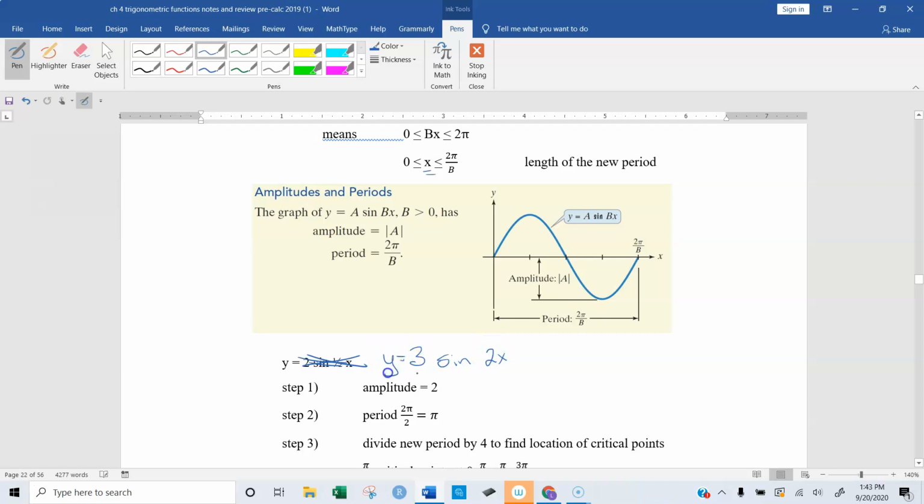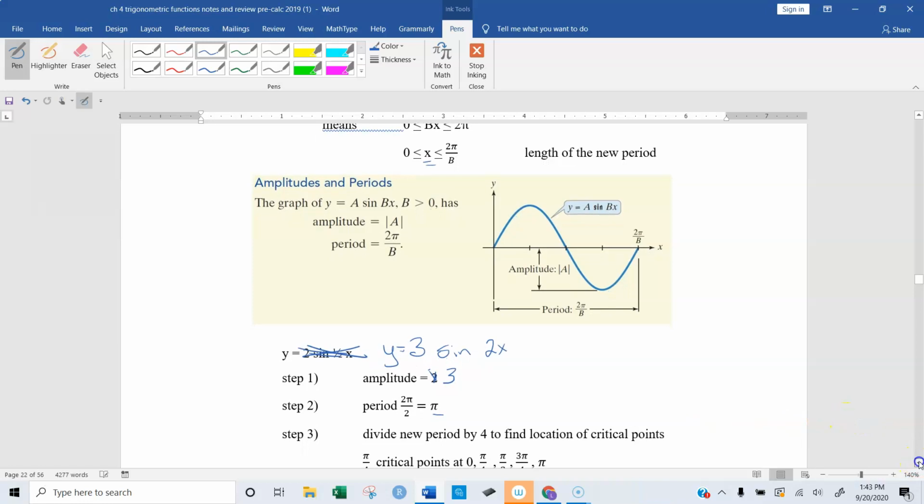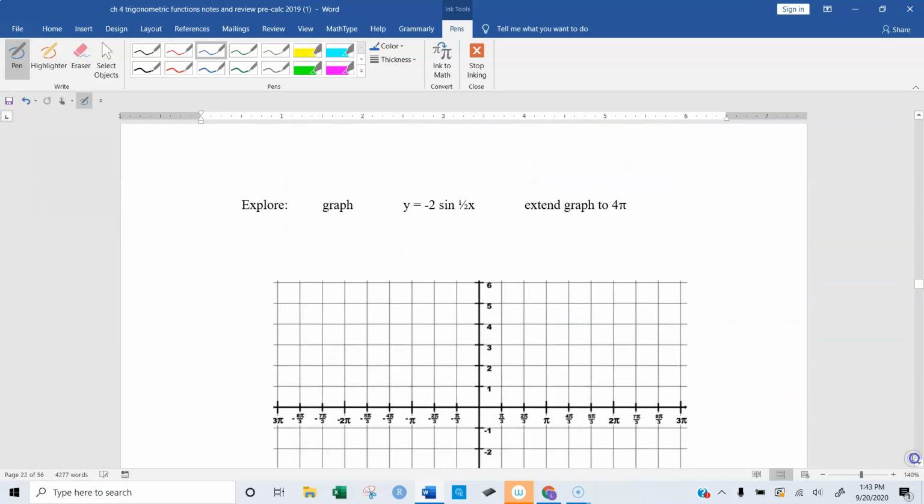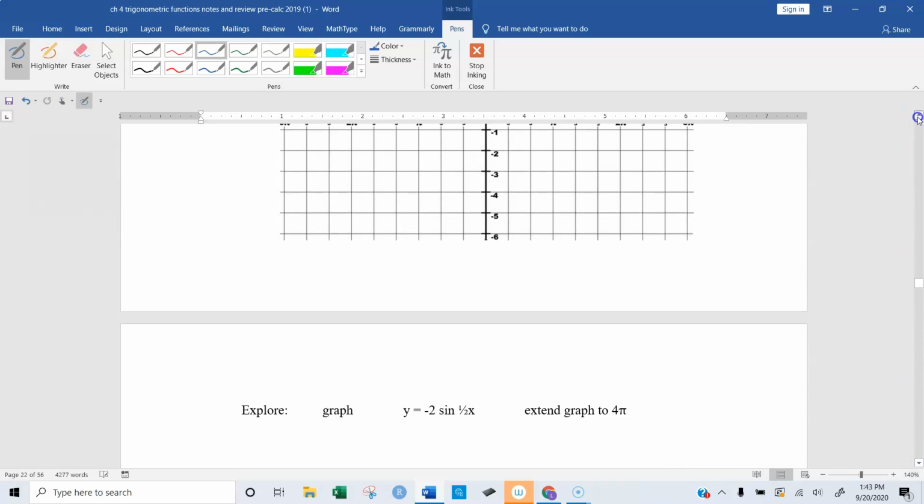All right, so now your amplitude is not 2, it's 3. Now your period, you take 2 pi and you divide it by 2, so it's pi. That means in pi I get a full wave. Understood? So in 2 pi, I'm going to have 2 waves. I have taken my sine wave and pushed it together or shrunk it.